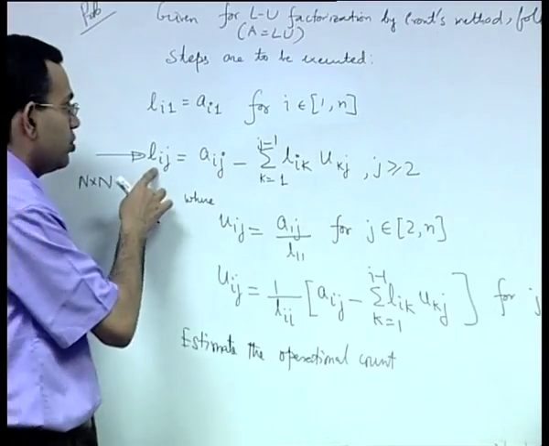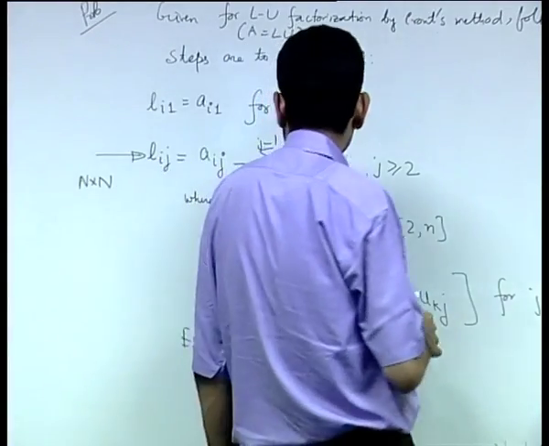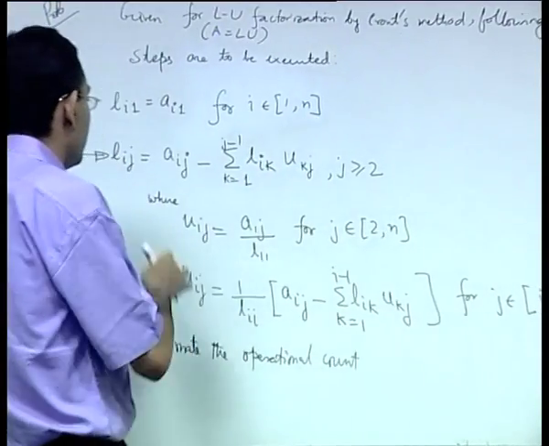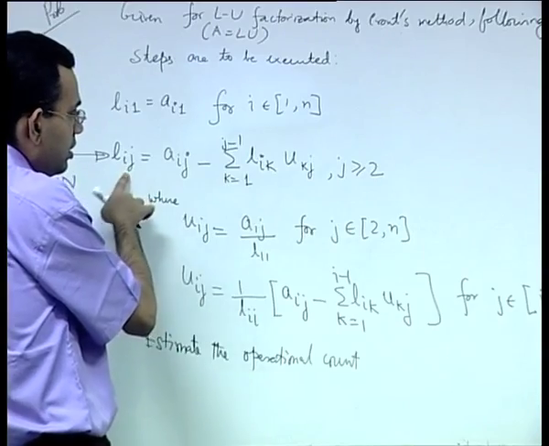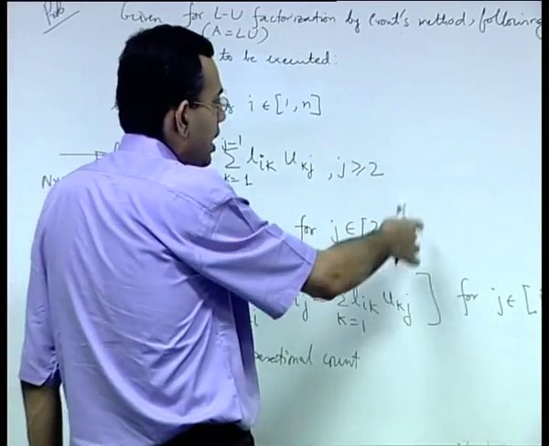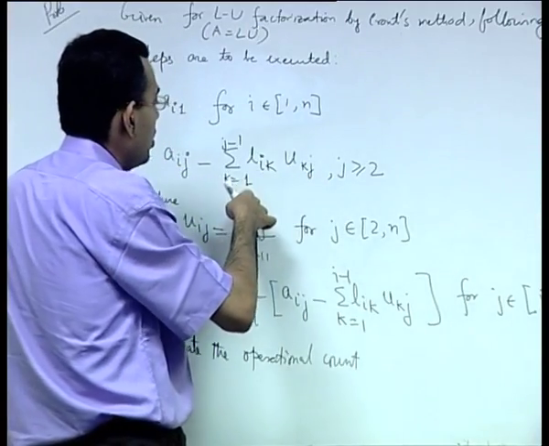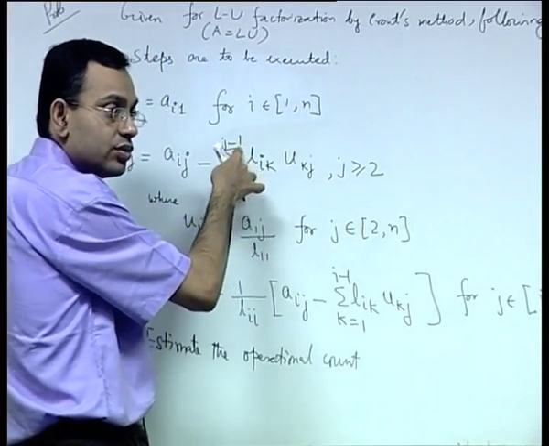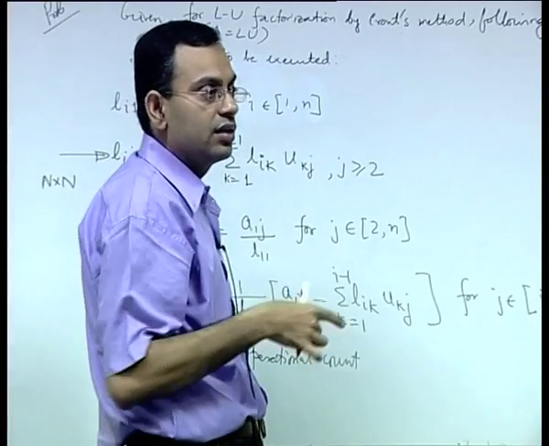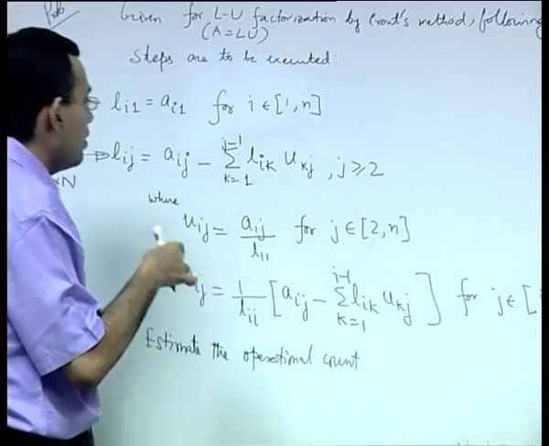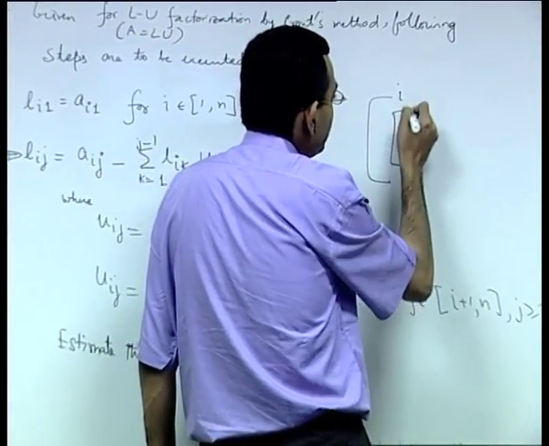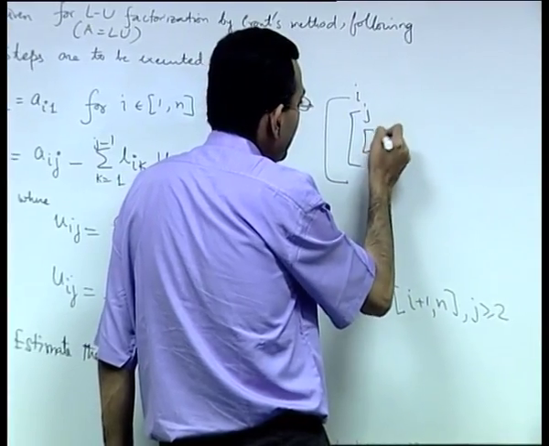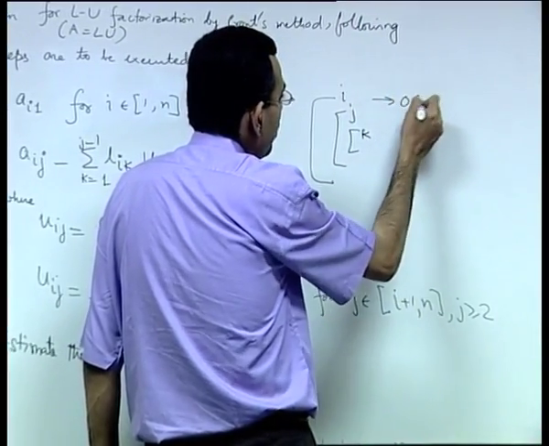You have i equal to 1 to n, then you have j that is of the order of n, and k from 1 to j minus 1, that is also of the order of n. So, you have one loop over i, one loop over j, one loop over k, each running up to the order of n.